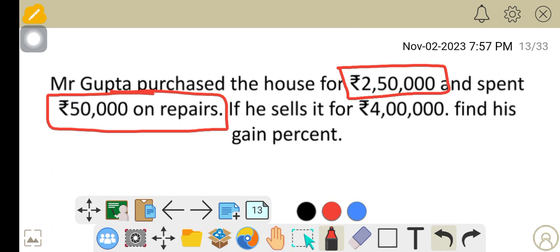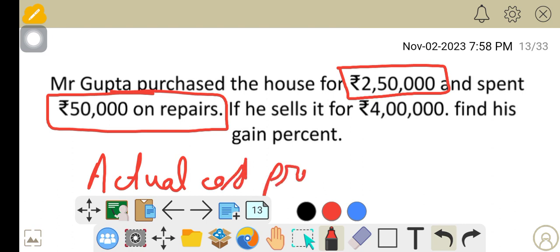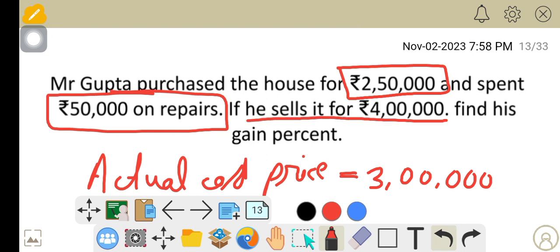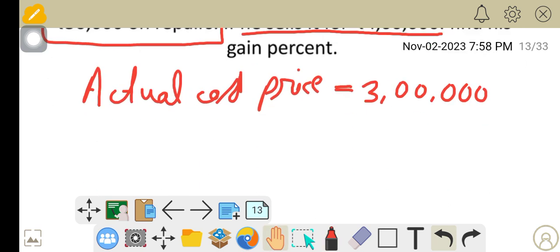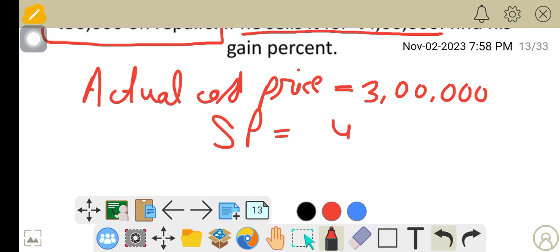So the actual cost price or real cost price is 2,50,000 plus 50,000, that is 3 lakh rupees. This is the actual cost price, but he sells it for 4 lakh rupees. So the selling price of the house is 4 lakh rupees.